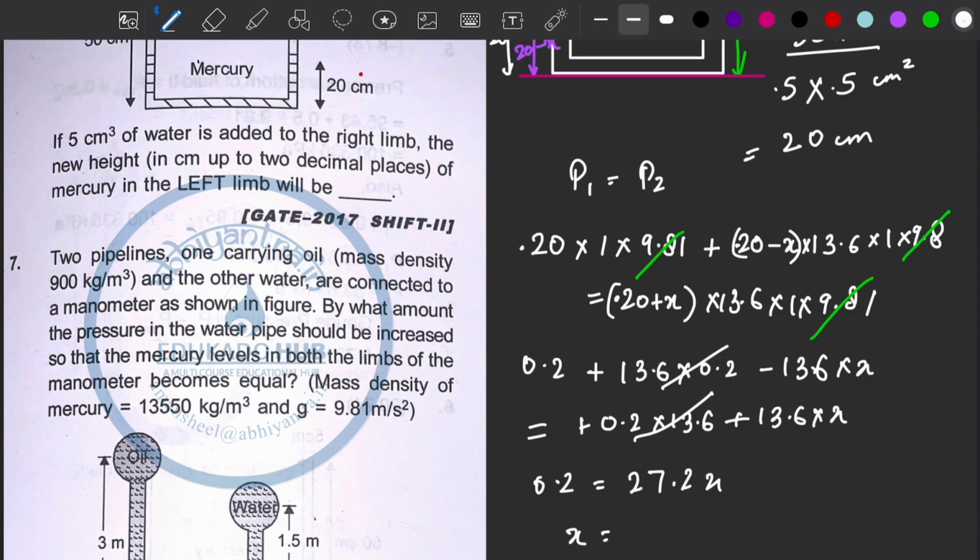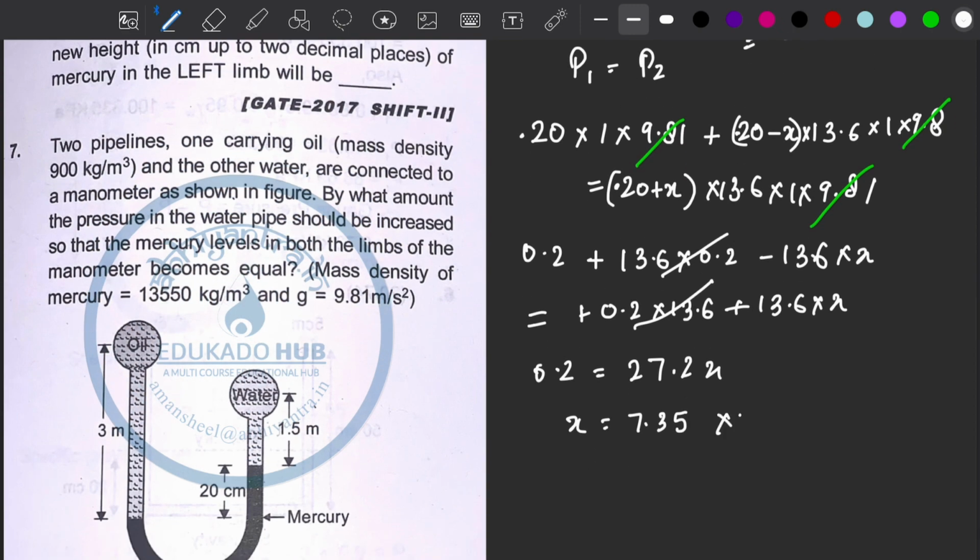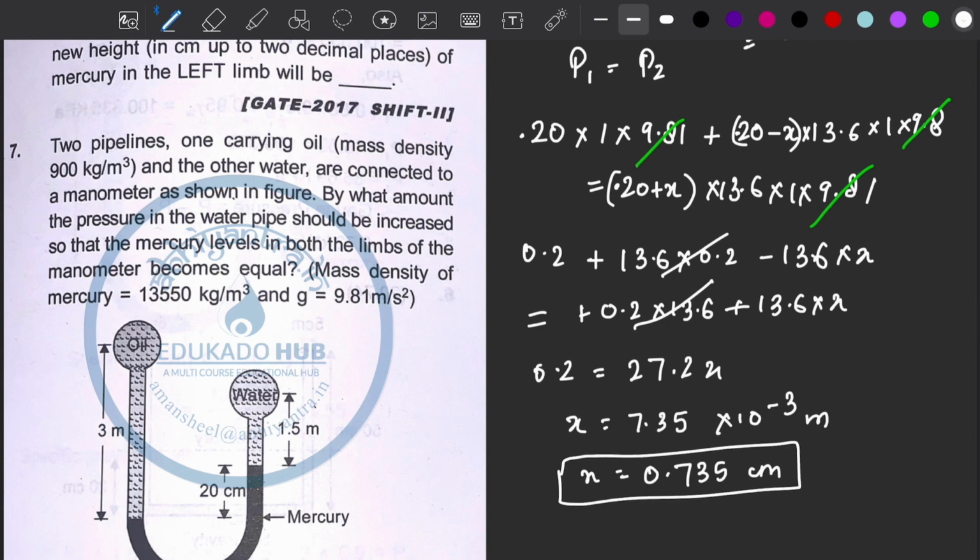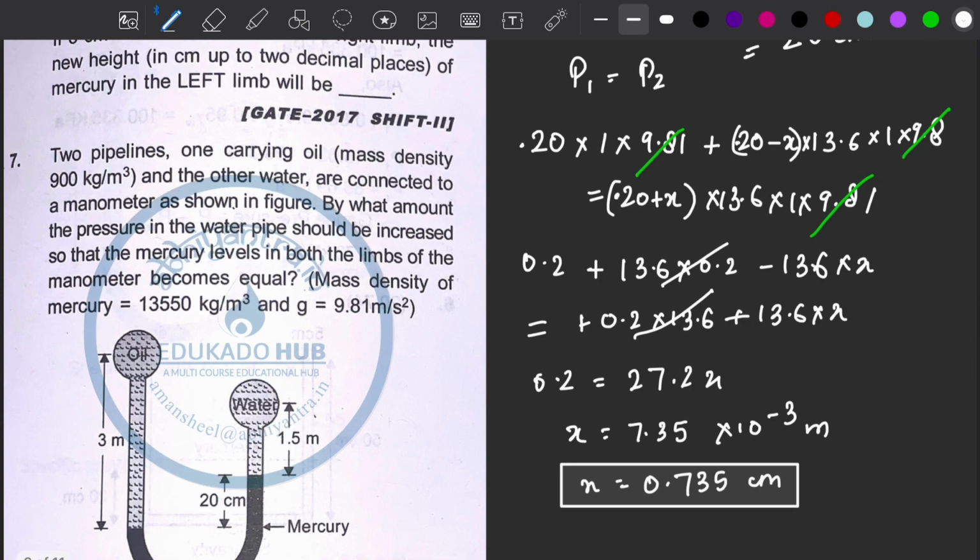X comes out to be 7.35 into 10 to the power minus 3 meter. That means 0.735 centimeter is the value of X. So the answer will be how much the mercury limb gets down.